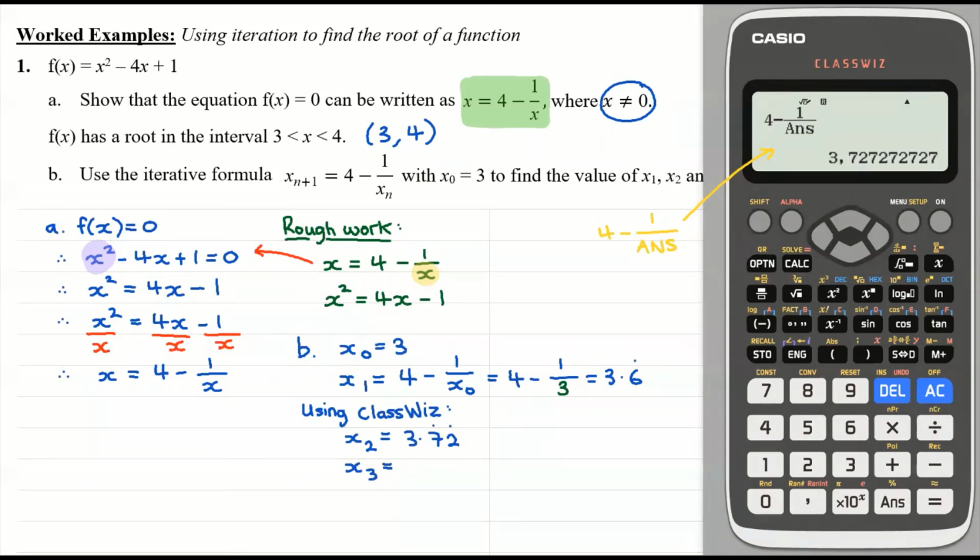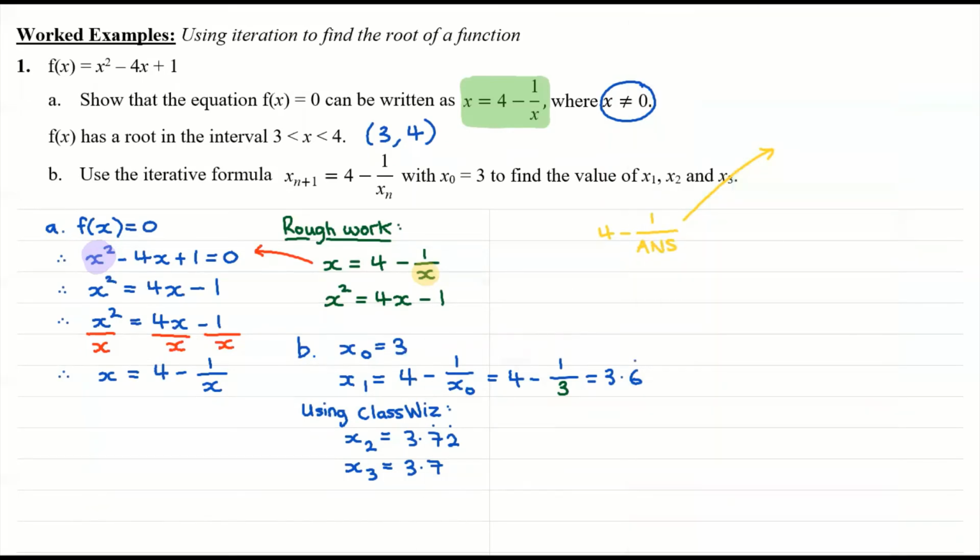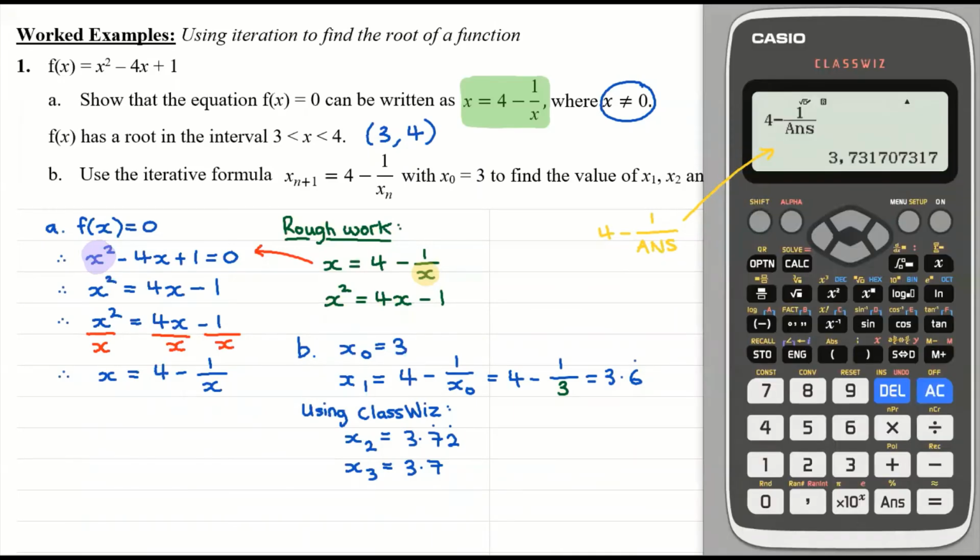That's all you have to do. That's 153 over 41. Just convert that into a decimal. So that's going to be 3.73. Now, I'm just going to check the accuracy that we need here. It doesn't say, so I'll just round it to 3 decimal places perhaps. So it's 3.731 or 732.